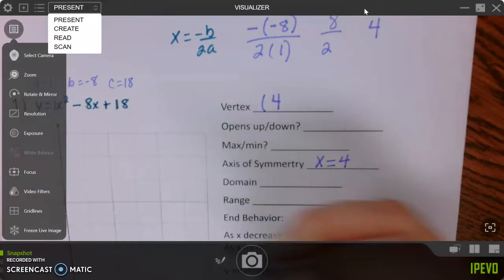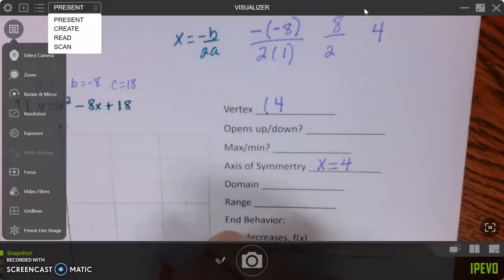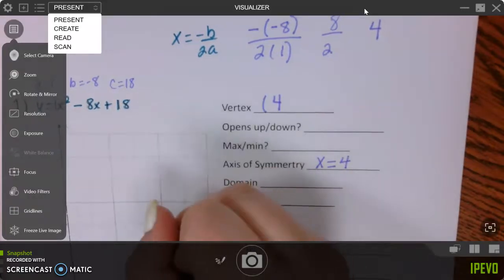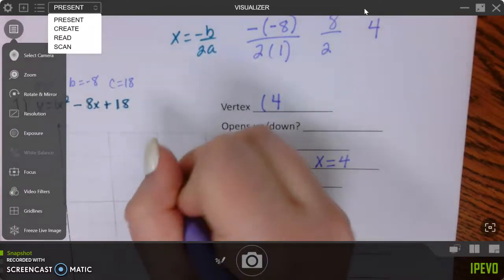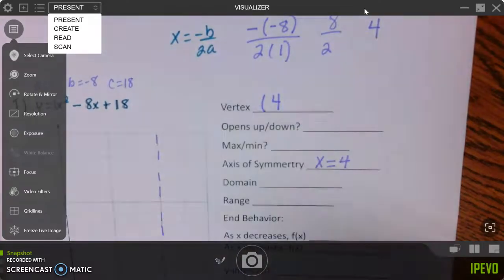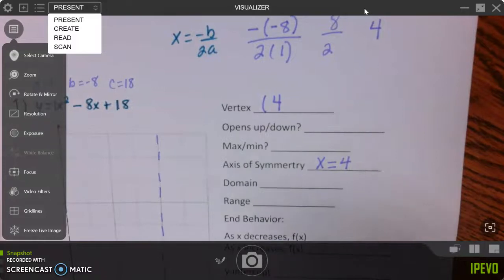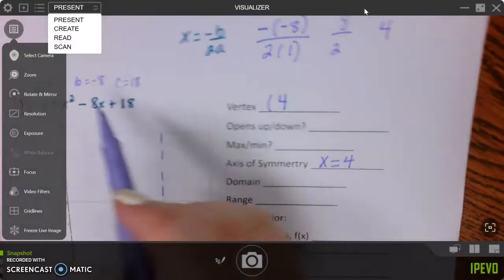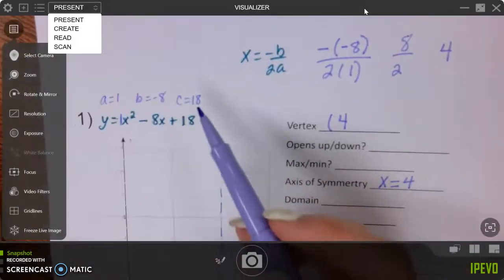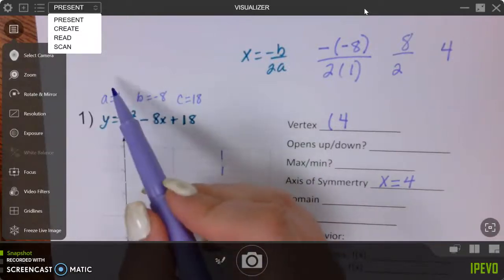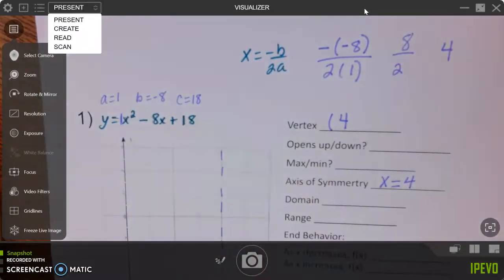So what you can go ahead and do is make that axis of symmetry. Now, based on what we have here, a is 1. A is greater than 0.